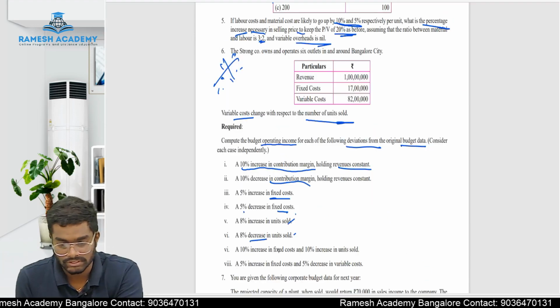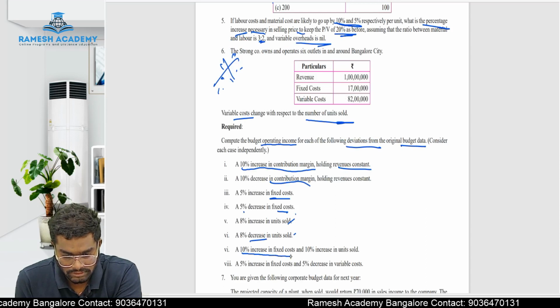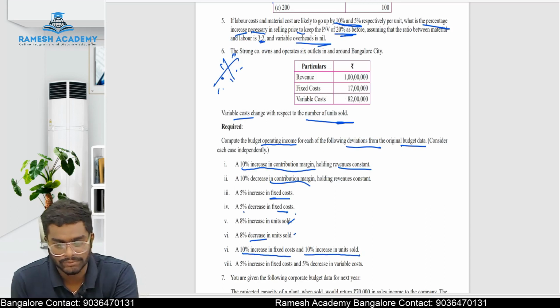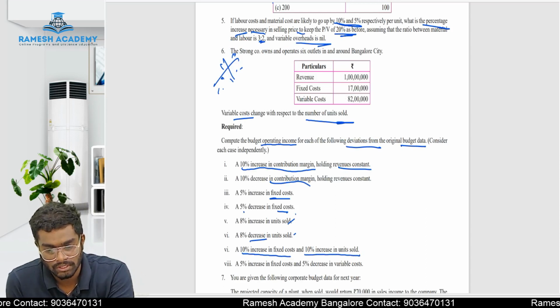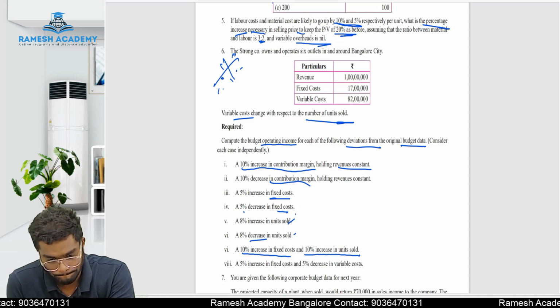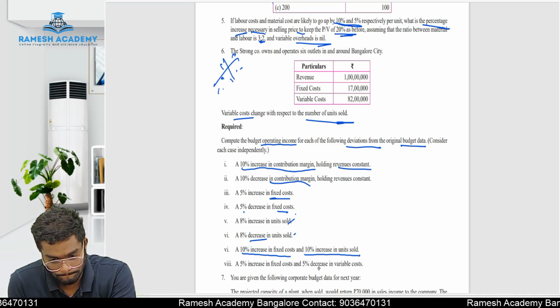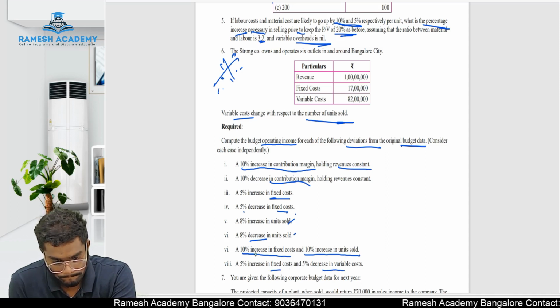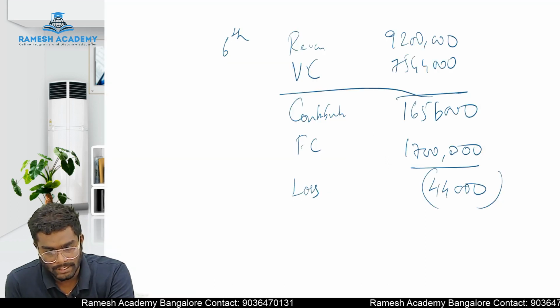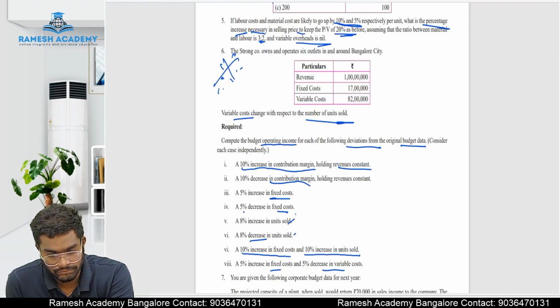So what is the 7? See, 7th scenario, 10% increase in the fixed cost, 10% increase in the units sold. We have to consider both the things. Please be careful here. So 7th scenario.